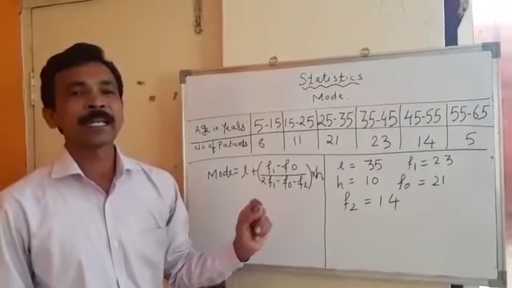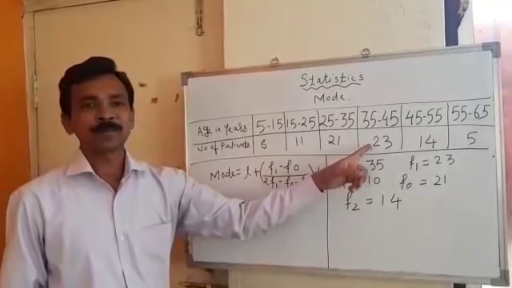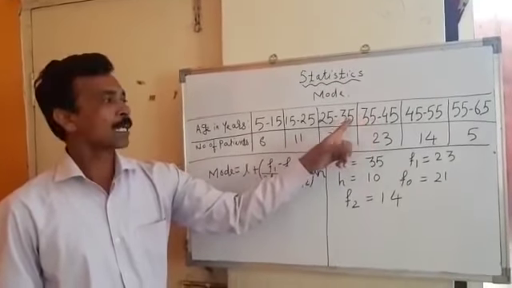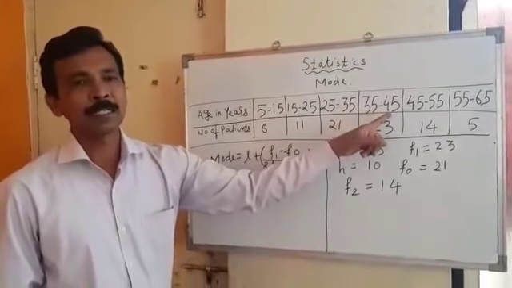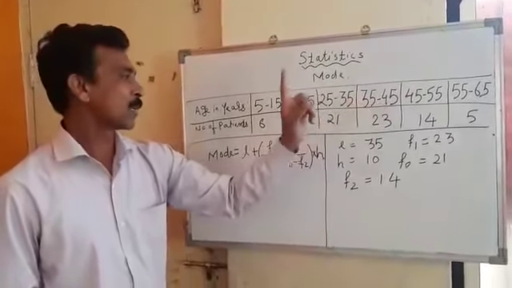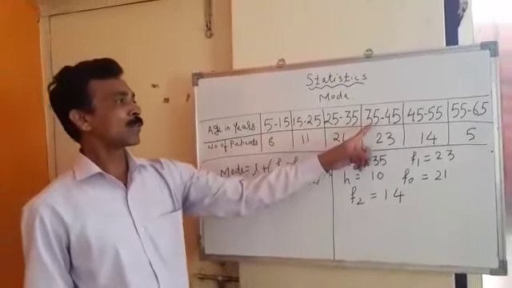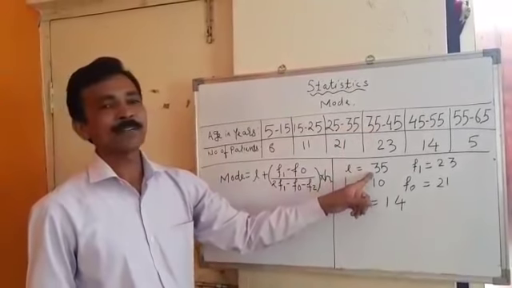Again I repeat, first we have to see the maximum frequency and the class corresponding to it. The class corresponding to the maximum frequency is called the modal class, and the modal class is 35 to 45. Now, from this modal class, you have to take the lower limit, and the lower limit is 35.